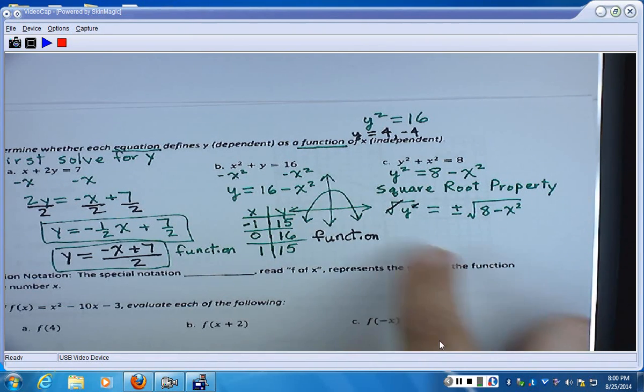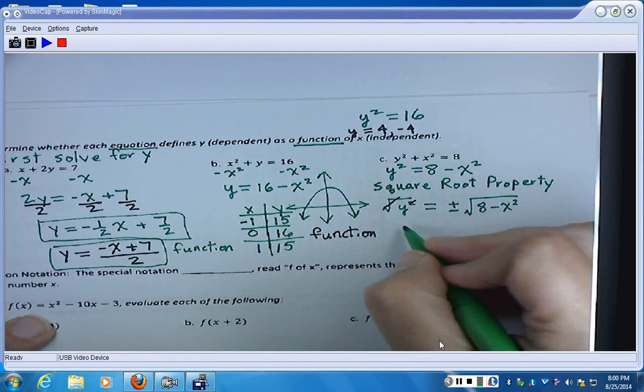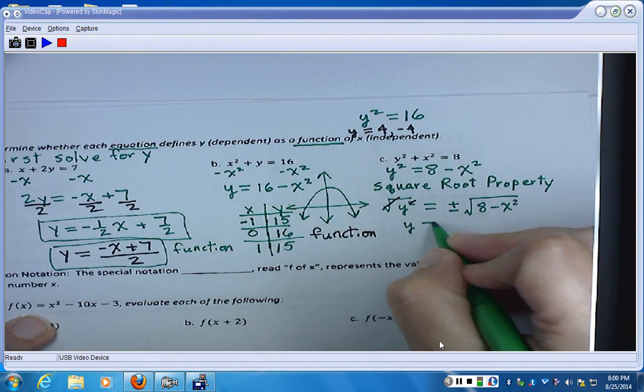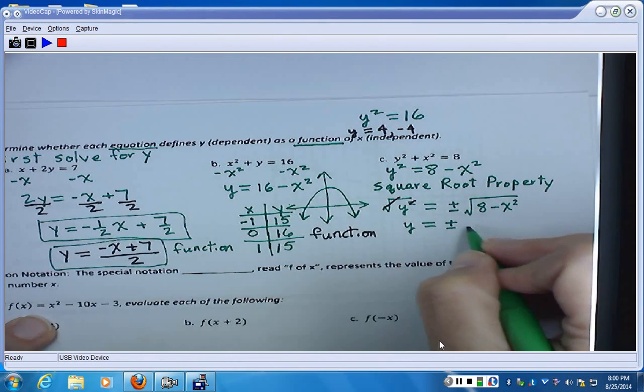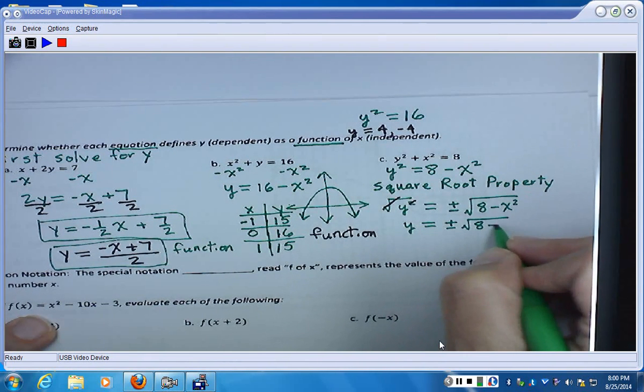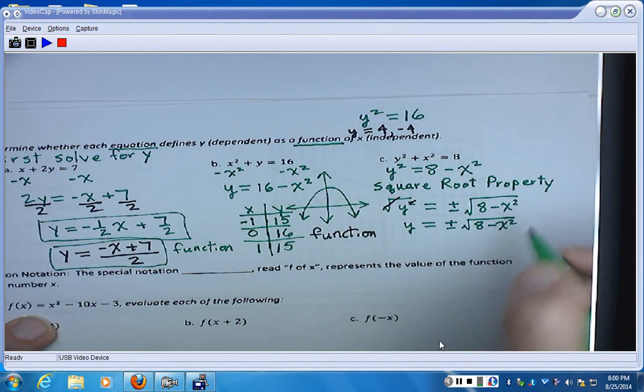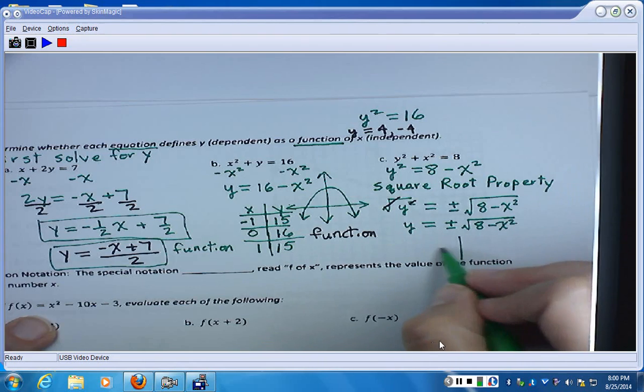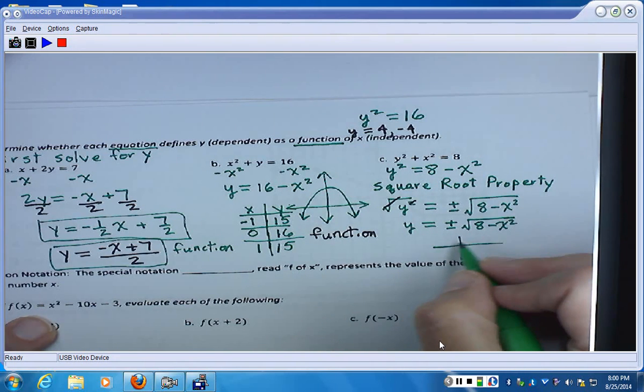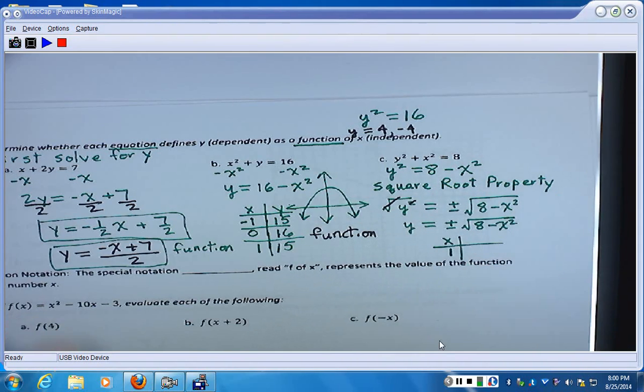So we can make another table. So here's solve for y. We get y equals plus or minus the square root of 8 minus x squared. Okay, so I'll just do an example. Let's do x equals 1. What do we get?